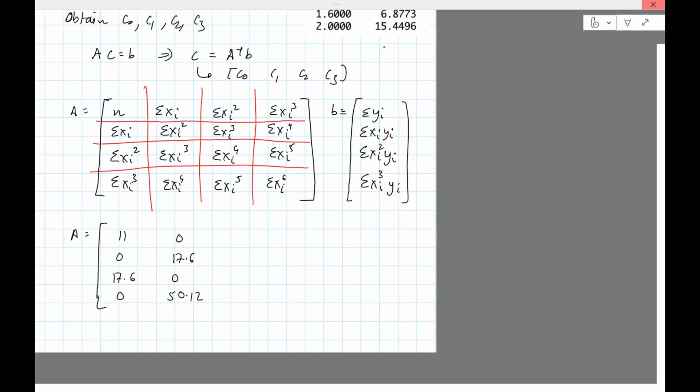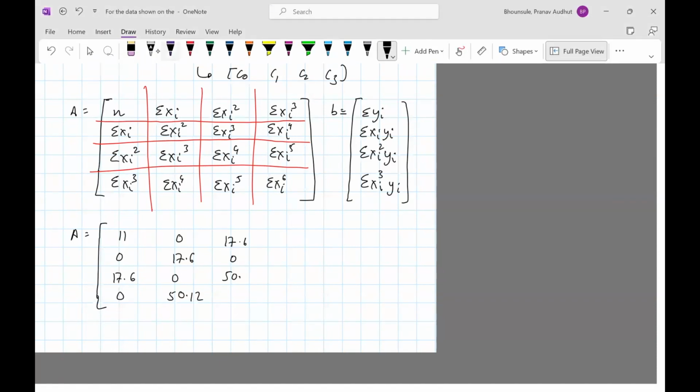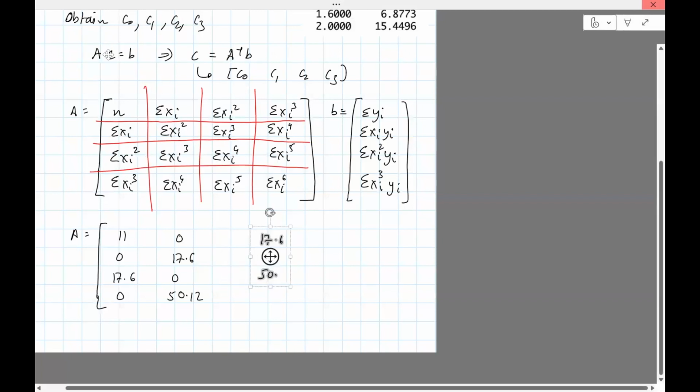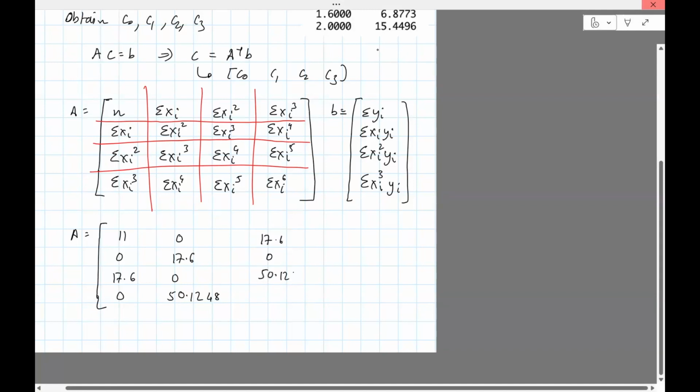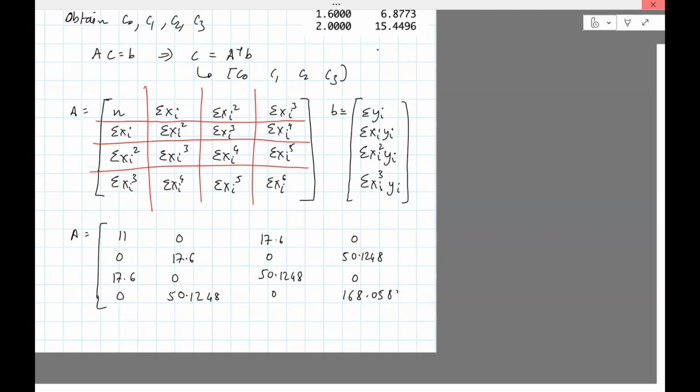Okay, then we have 17.6, 0, 50.1248, 0, at four decimal places, and so on, with 168.0589 at the end.